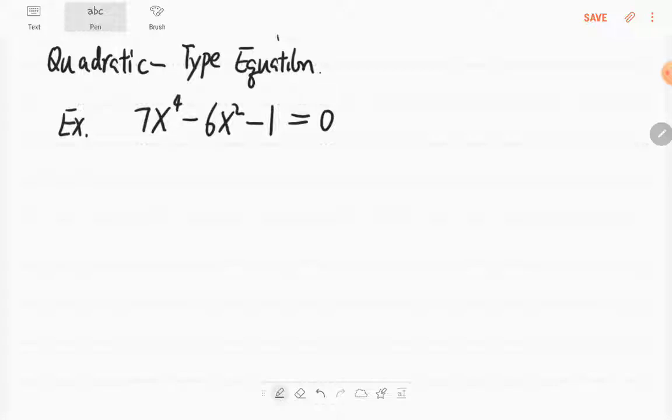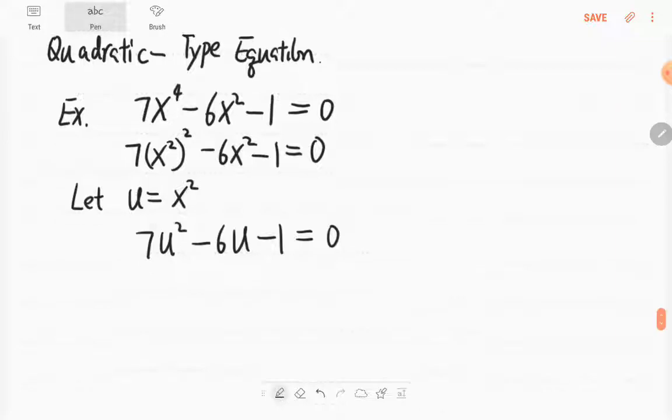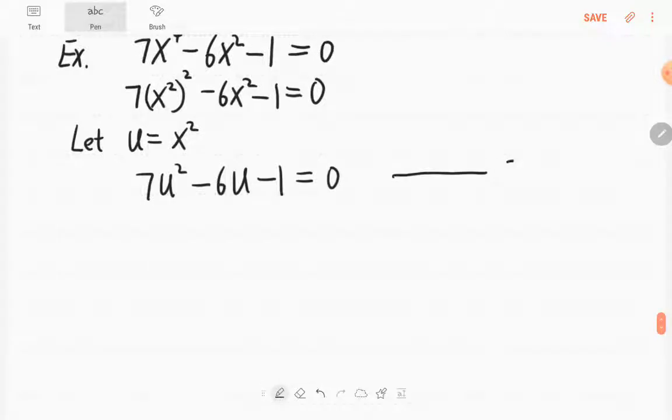However, if you do some observation, you can see that x to the fourth can be written as x squared squared, minus 6x squared minus 1 equals 0. If we use a letter u to replace x squared, so we let u be x squared, what do we have? We have 7u squared minus 6u minus 1 equals 0, right? So this is a quadratic equation.